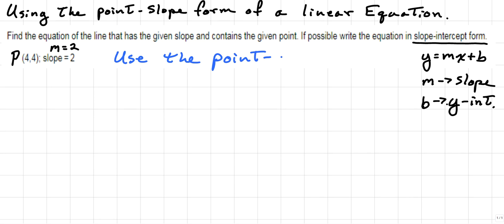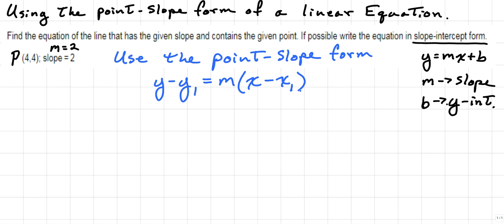And the point-slope form, while it may look complicated, is actually derived from the slope formula. And the point-slope form is equal to y minus y sub 1 is equal to m times the quantity x minus x sub 1. Now let's identify some things.